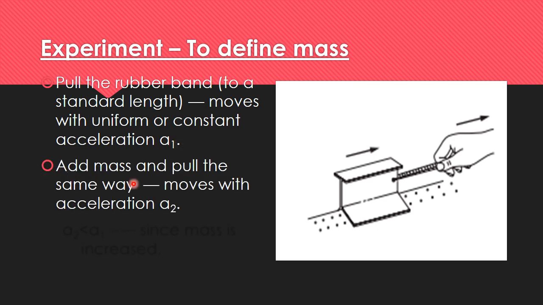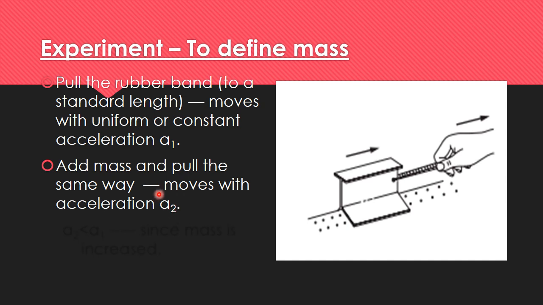Now when we add more mass on this rider and pull the same way, that means we apply the same force as in this case, what happens? It moves with another acceleration A2.